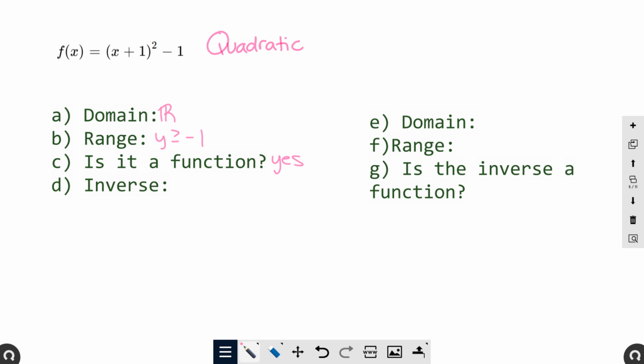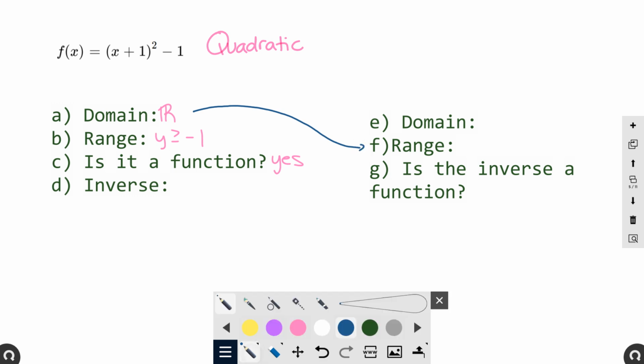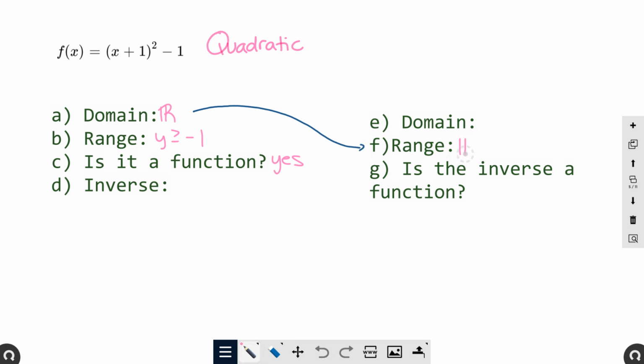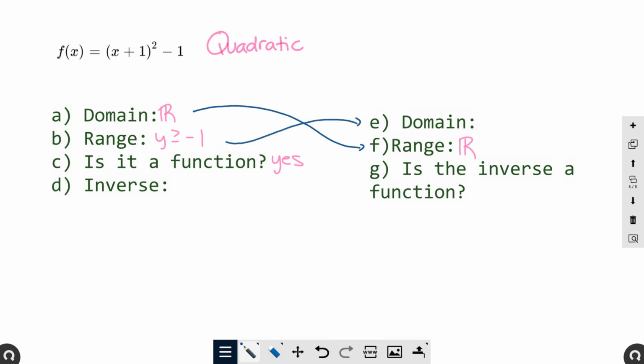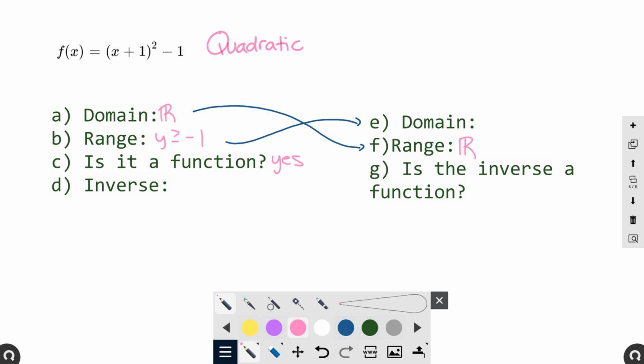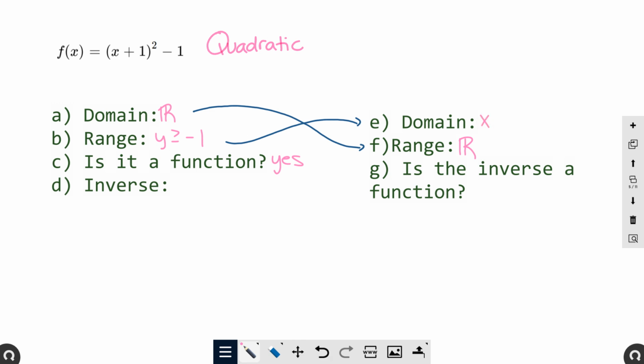So whatever we put for domain is going to go for range, and whatever we put for range is going to go for domain. Keep everything the same, just switch the value. Remember, domain is talking about X, range is talking about Y, so you just replace that part and you've got it. So you're just flip-flopping those.